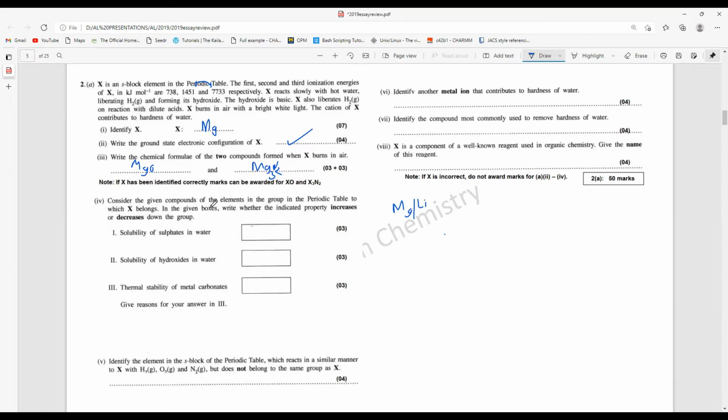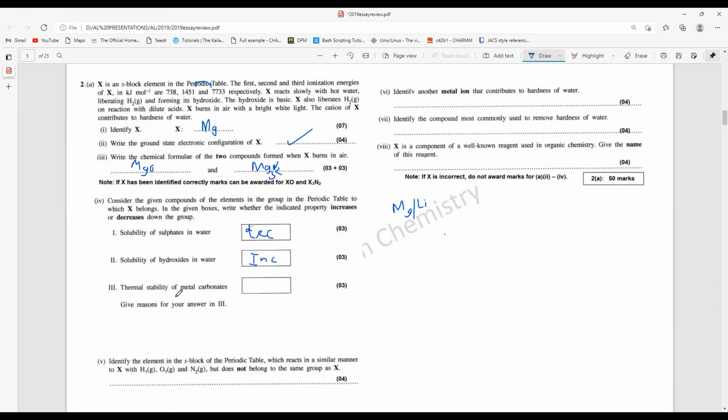Consider the given compounds of the group X belongs to, and state in the boxes whether the property increases or decreases. Solubility of sulfates: calcium sulfate is a little bit soluble, but when you go down, strontium sulfate and barium sulfate are very good precipitates. So here it is decreasing. Solubility of hydroxides is in the reverse way: barium hydroxide is the most soluble, so solubility increases.